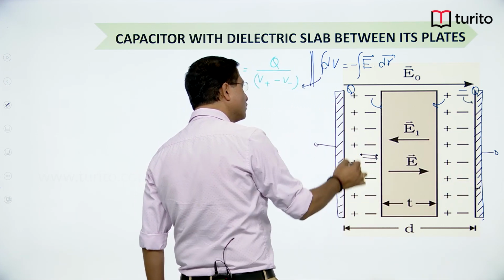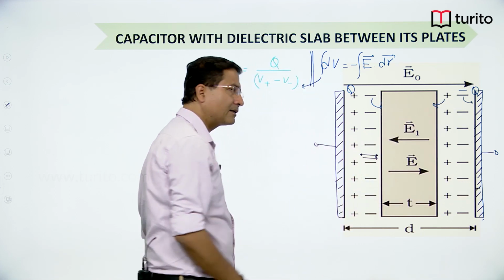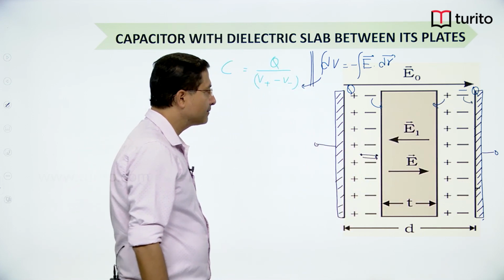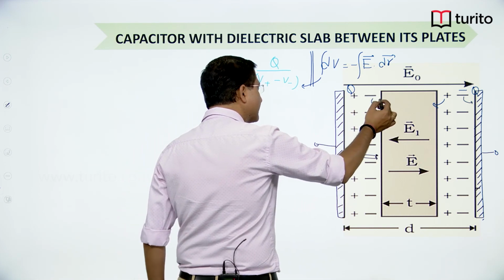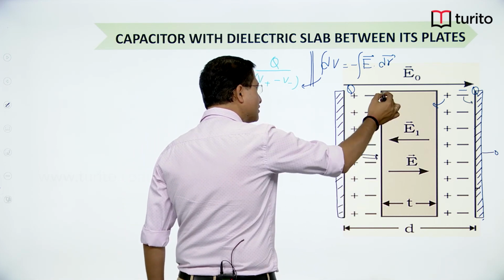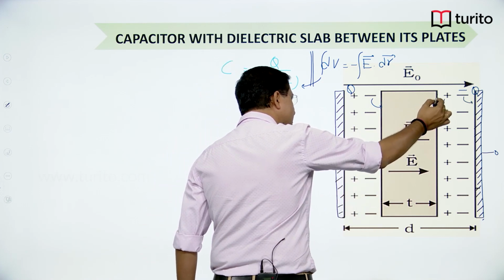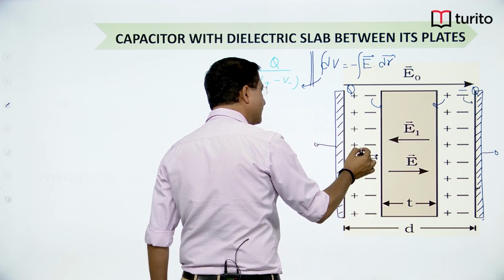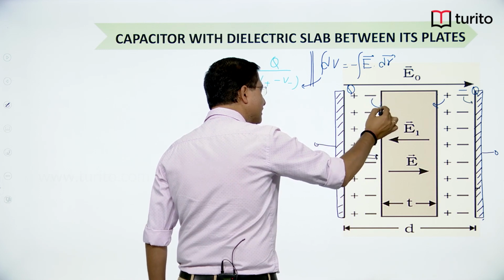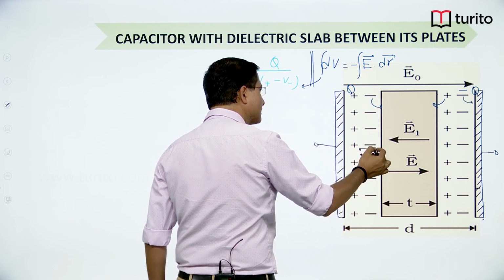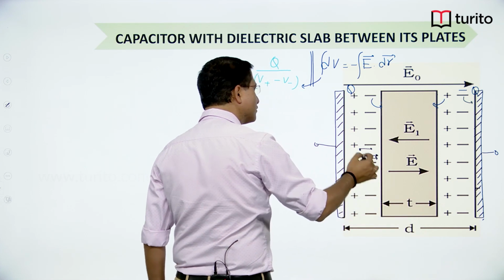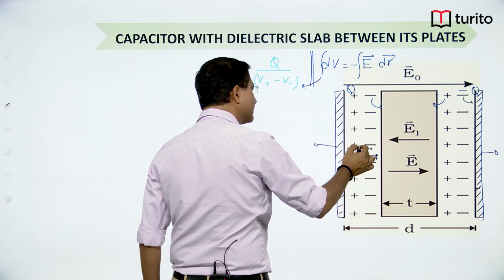So I can see these two will add to each other at this particular point, and this negative charge which is appearing on the surface of the dielectric this side, and this positive charge, they will produce fields in opposite directions. This negative charge will produce a field towards it, and this positive charge will produce the same amount of field in the opposite direction, and they will cancel each other.